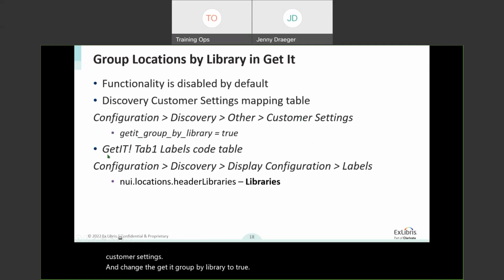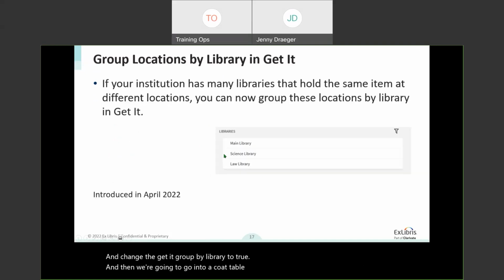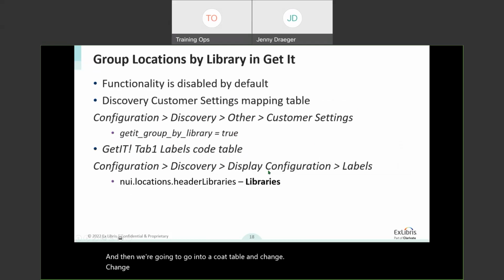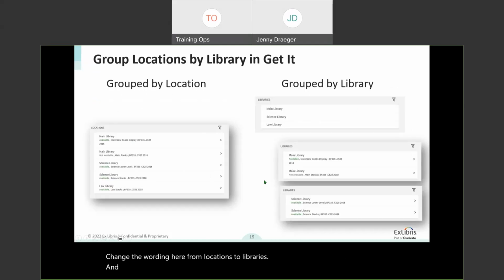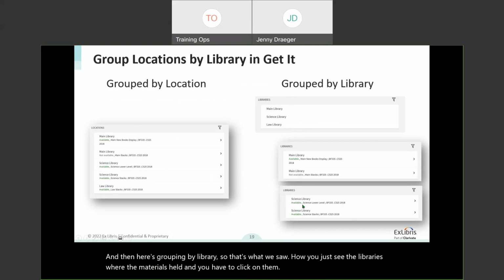And then we're going to go into a code table and change the wording from locations to libraries. Then I showed you the two options: grouped by locations, and then grouping by library. That's what we saw, how you just see the libraries where the material is held, and you have to click on them to get in and see what's held at those specific libraries.